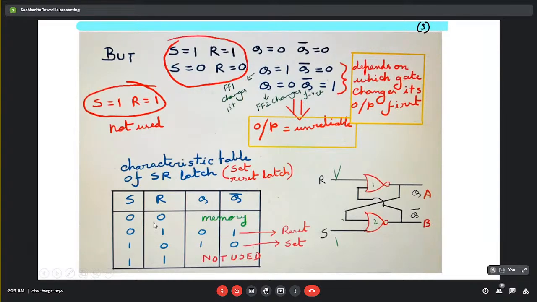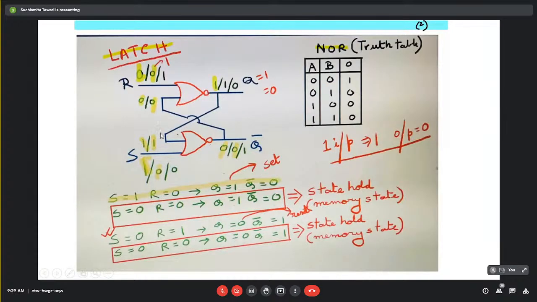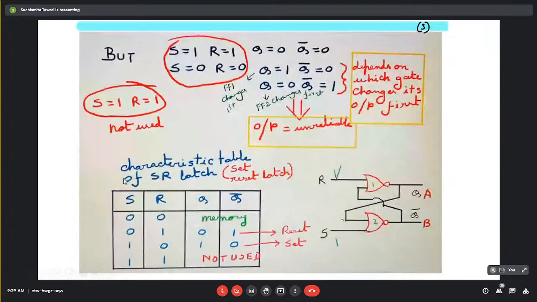Please note that I am not saying the truth table of the SR latch, but a characteristic table, because there is a feedback mechanism, that is, the output is being fed back as one of the inputs. So the output does not depend solely on the data inputs, it depends on the previous state.